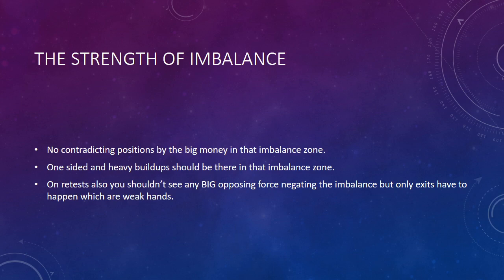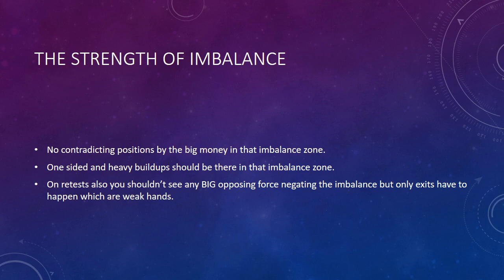That is also considered to be one of the significant strengths of the market. So in those one-sided positions, irrespective of the side the build-up is taking, you would be taking the side of the imbalance formed on the market profile graphic. The only thing that needs to be there is one-sided build-ups instead of contradicting positions. This is one key thing.